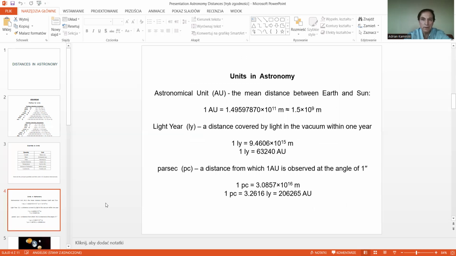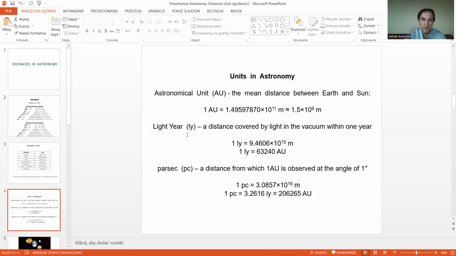In particular, in astronomy, we are using specific units like the astronomical unit, AU, which denotes the mean distance between Earth and the Sun. And the mean distance is 1.5 times 10 to the 9th meters.